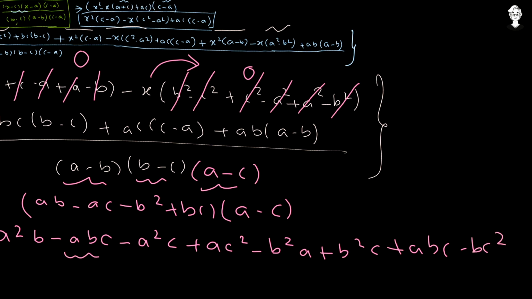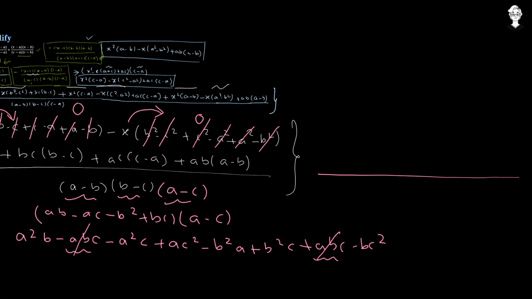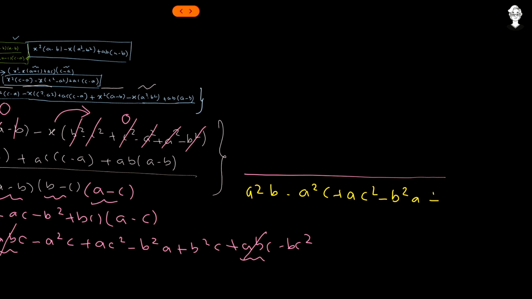Now we can see that negative abc and positive abc got cancelled out. So what we finally get in the denominator part is a²b − a²c + ac² − ab² + b²c − bc².